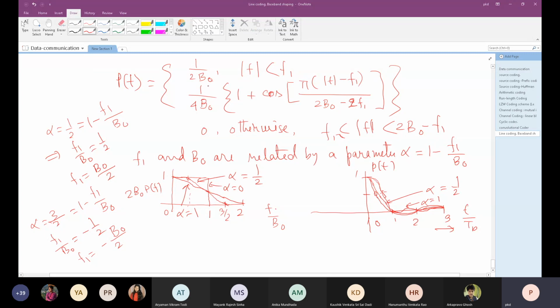For alpha equal to 1, this term is no longer there, because from this 0 frequency, from that place only we have this function 1 plus cosine pi (f minus f1), to be 0 at minus f1.